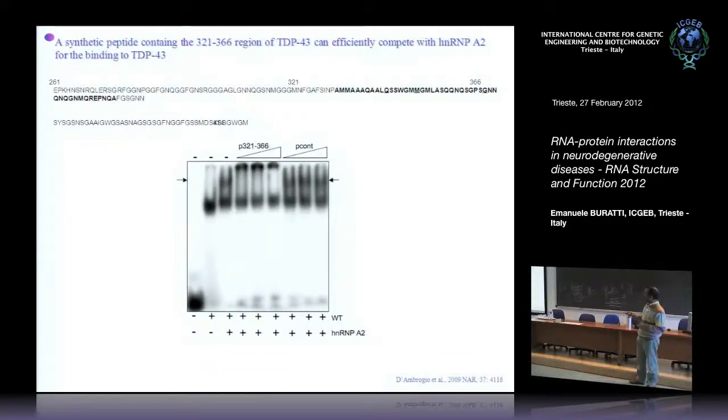But not only we abolished the supershift, but we also started seeing the formation of an aggregate or of a very retarded complex that was evidently of very high molecular weight and was actually left up in the wells of the gel. And so this started giving us a clue that interaction of HNRNP proteins was not just due to the presence of this particular sequence in the C-terminus of TDP43, but it could also influence the solubility of the protein.